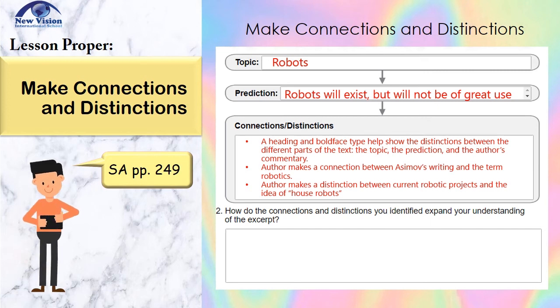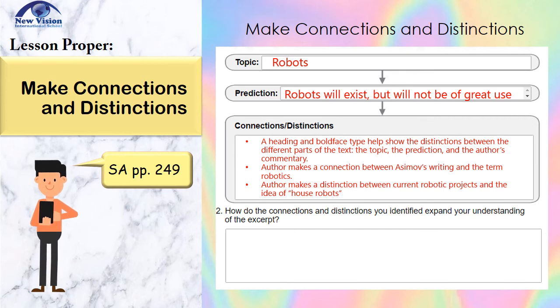A heading and boldface type help show the distinctions between the different parts of the text, the topic, the prediction, and the author's commentary. The author makes a connection between Asimov's writing and the term robotics. The author makes a distinction between current robotic projects and the idea of house robots.